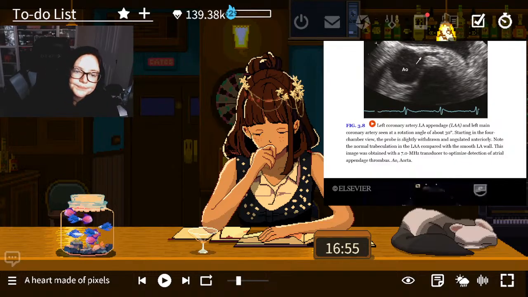Good heart rate. Mitral inflow diastolic is at 9.